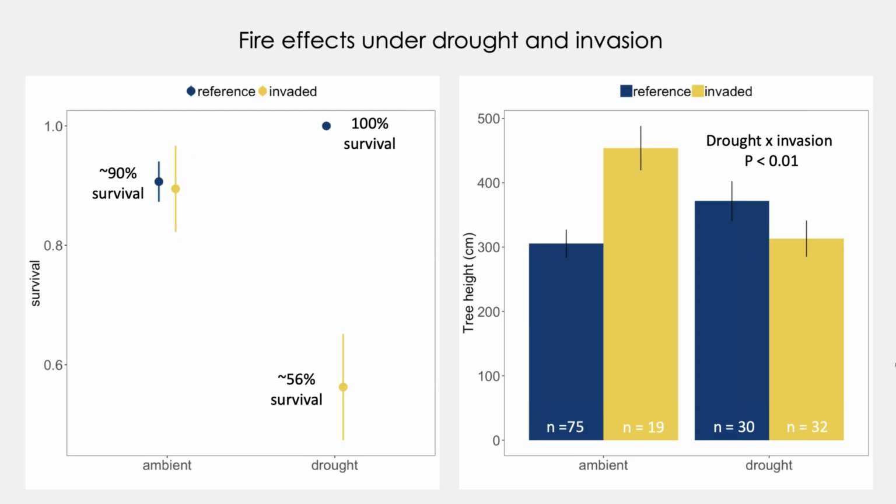On the left two bars under ambient condition, you see that the trees in invaded conditions were actually taller, presumably to avoid the shading effect of the Kogan grass. However, trees under drought and invaded conditions were not able to grow any larger because of the drought, presumably. And so this drought invasion interaction resulted in more intense fires, but trees were shorter and therefore greater tree death.